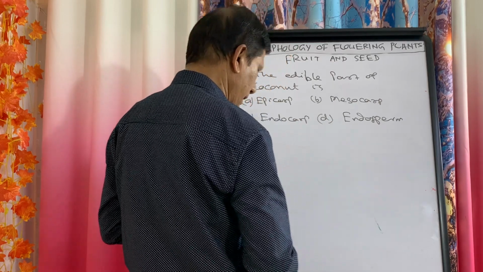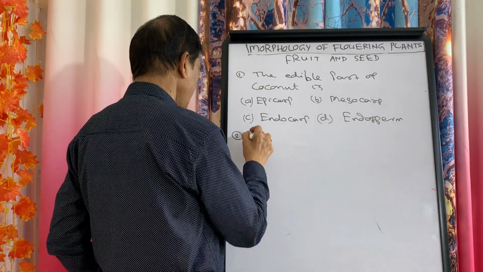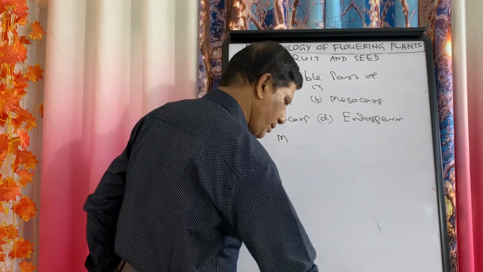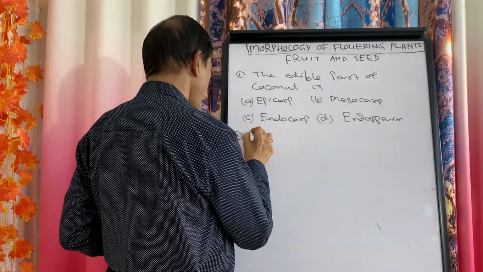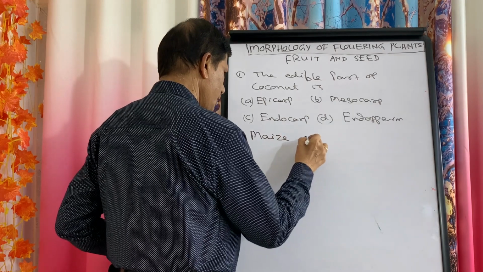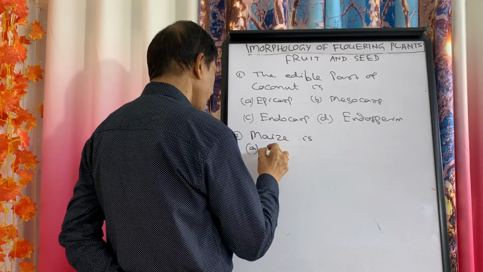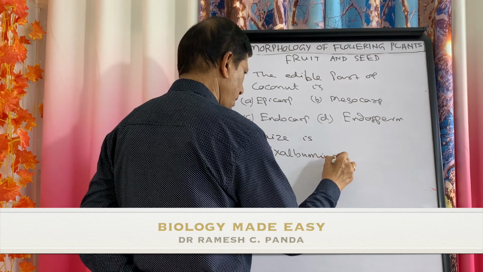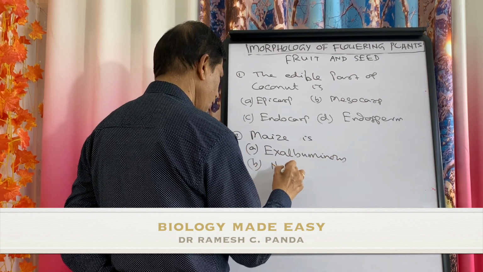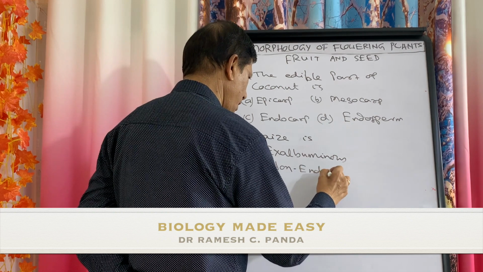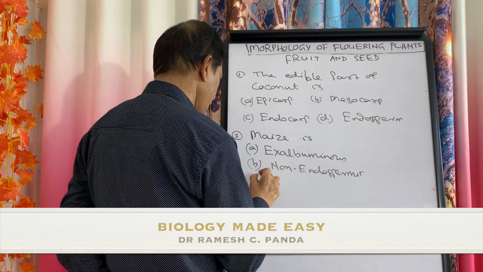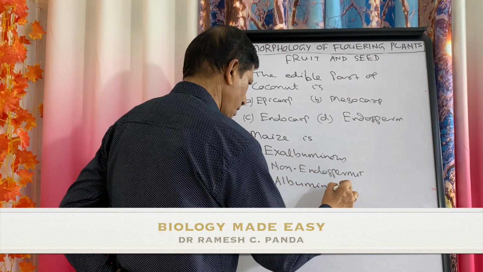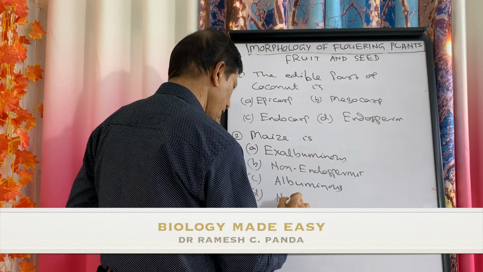This is one question. Then the second question: maize is A choice exalbuminous, B choice non-endospermic, C choice albuminous, and D choice none of the above.